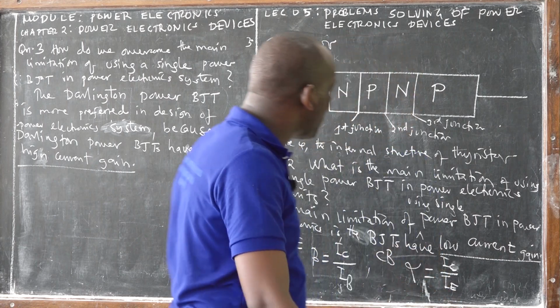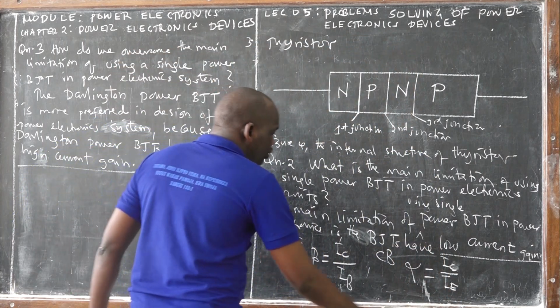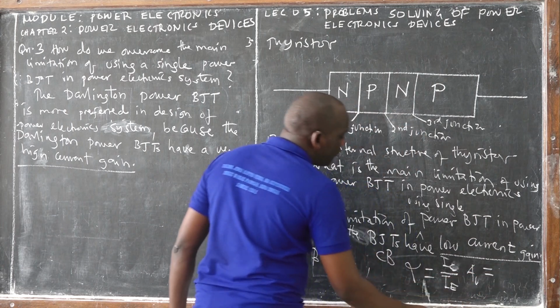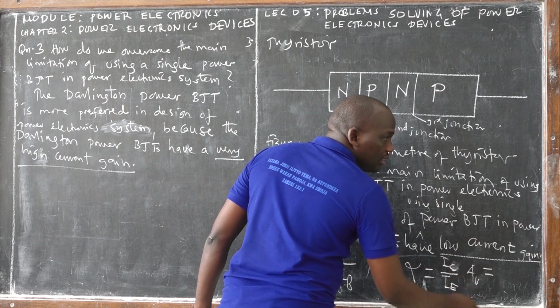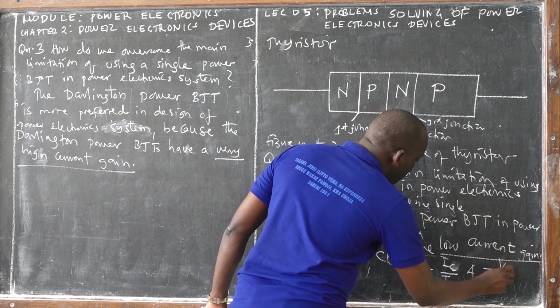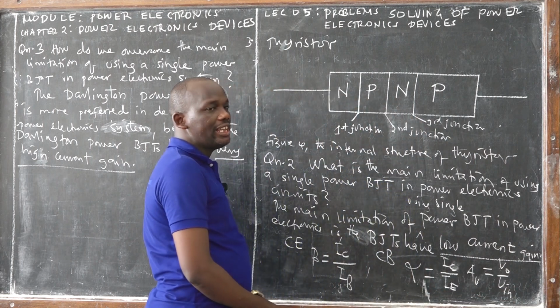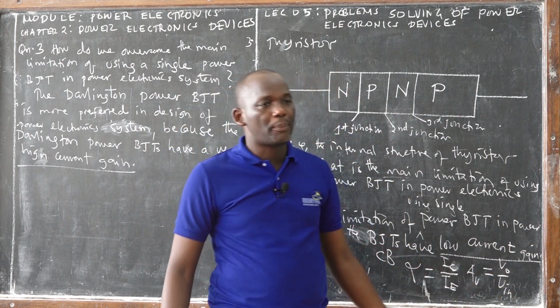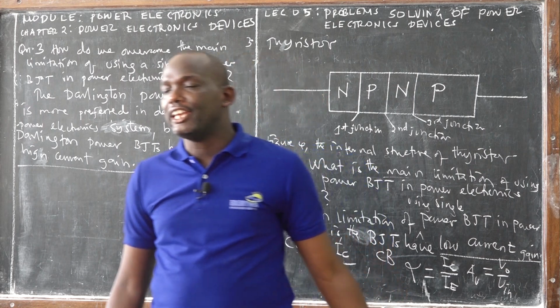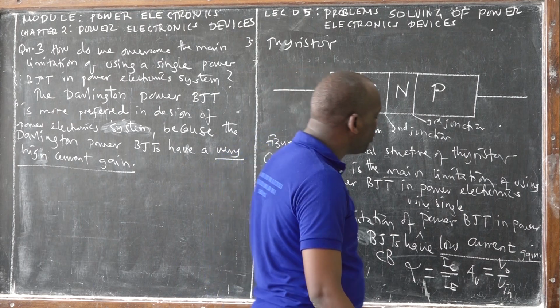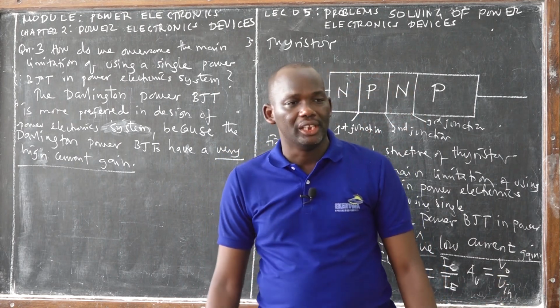Because remember also, when we talk about voltage gain, the voltage gain is equal to what? Voltage gain is equal to output voltage over input voltage. The output voltage is a product of output current and output impedance, while the input voltage is the product of input current and input impedance.